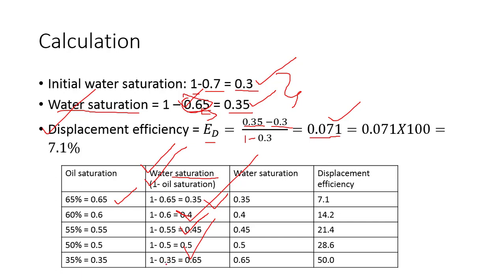Then the final value 0.35 means 35% oil will give you 65% water saturation. By using these values and the initial water saturation, which is 30%, I have calculated these values. Over here you can see 14%, 14.2%, 21.4%, 28.6% and 50.2%.